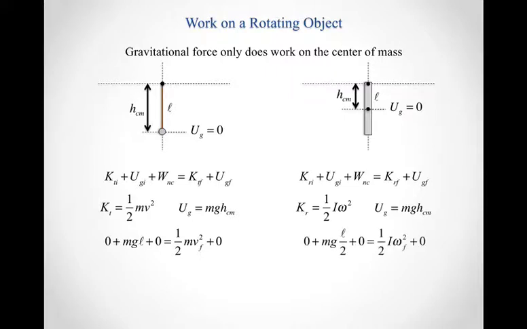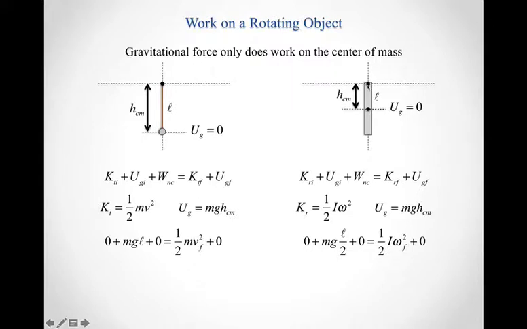So when I go ahead and plug all that into my conservation of energy equation, I still have an initial kinetic energy of 0. My gravitational potential energy now reflects the fact that the gravitational force is only doing work on the center of mass, because the center of mass only moved down by a distance of L over 2, half the length of the rod.